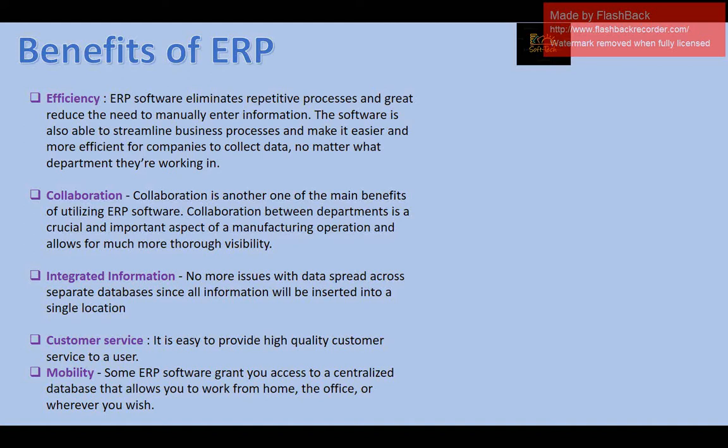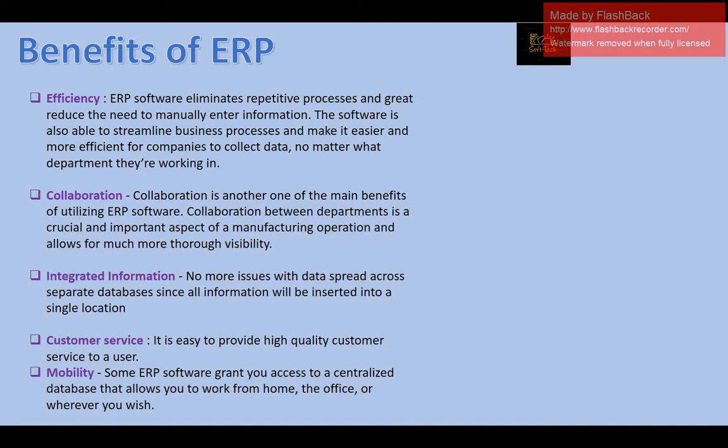It eliminates separate databases. Assume different departments each require a database to store their data. Supply chain management requires a database, and HR and payroll require their own, so each department has a separate database.